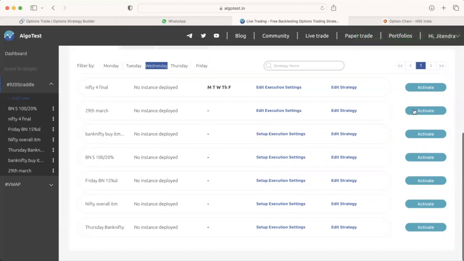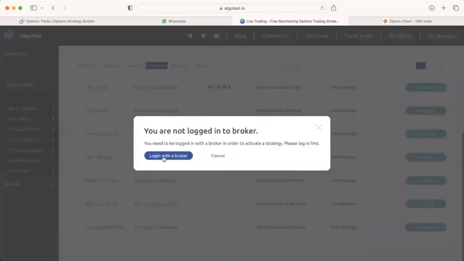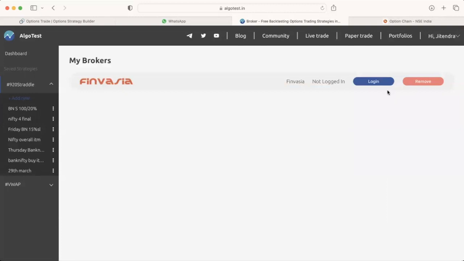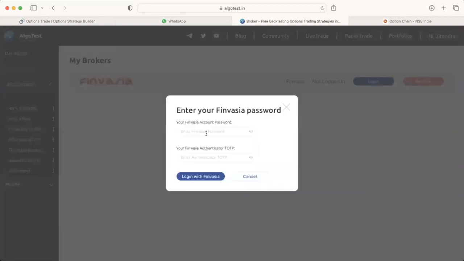So 21 March, we'll activate this strategy. Okay, we need to log in with our broker.